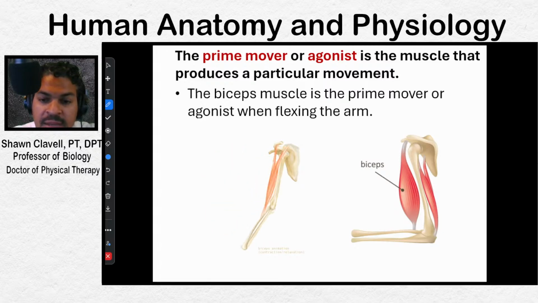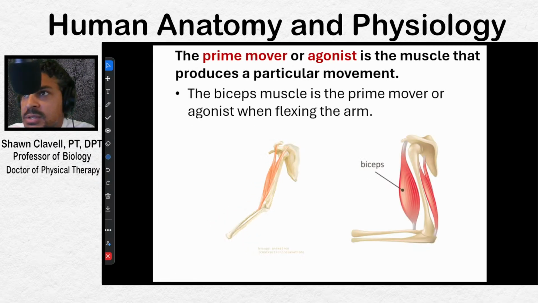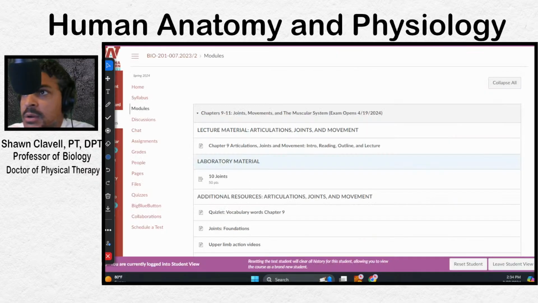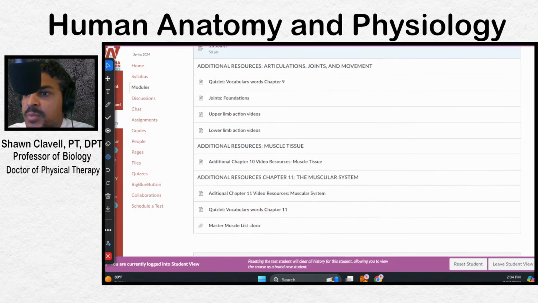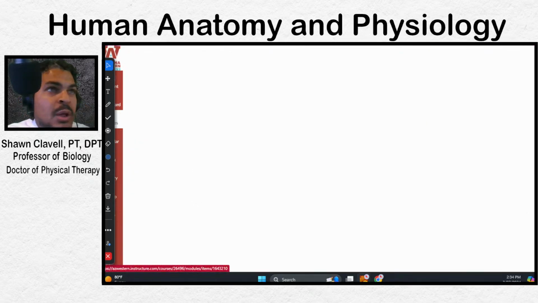You should be able to identify these muscles, if they're on a chart, just like if I showed you any of those pictures that you see there on the slides. What is their origin, what is their insertion, and what is their action? And so I have my list of muscles here. Let's just get to your Canvas, and at the bottom of your Canvas you have a list that's called the Muscle Master List.